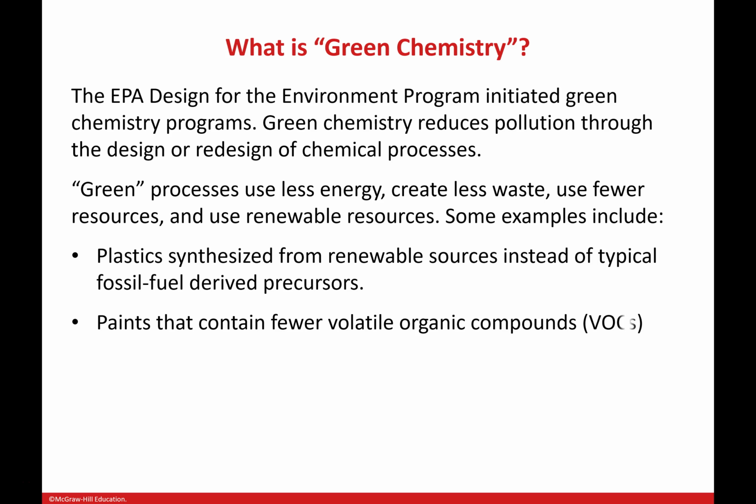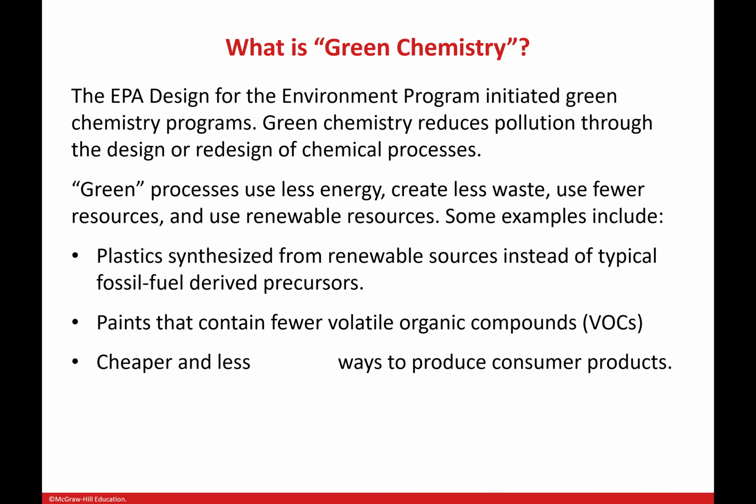The next one is we're looking to create things that we use every day, like paints, and make them so that volatile organic compounds are not as likely to be released. Cheaper and less wasteful ways to generally make things that we consume.